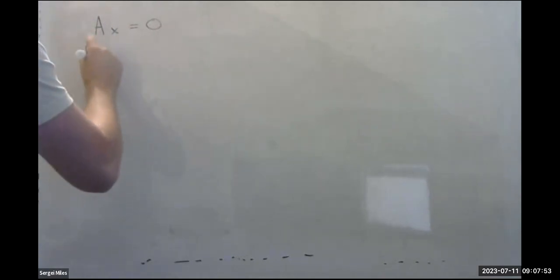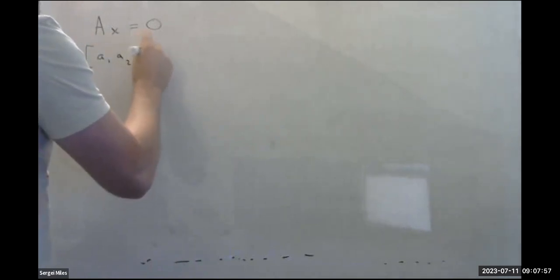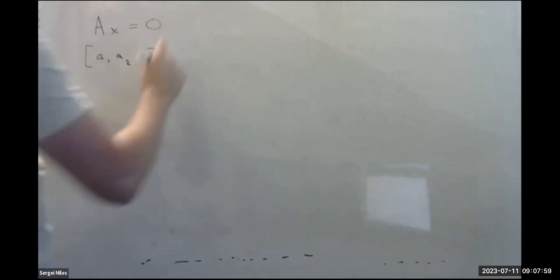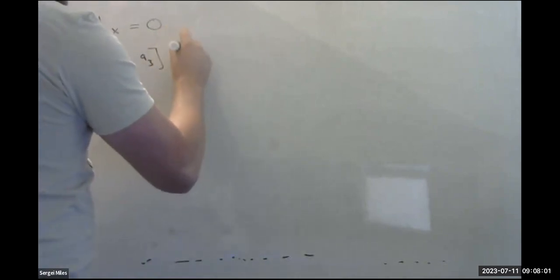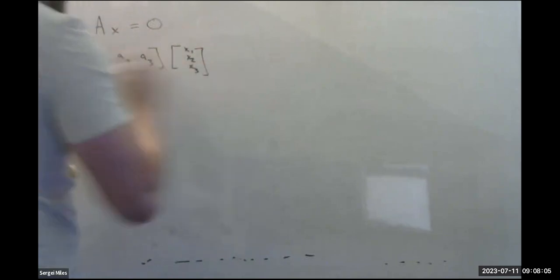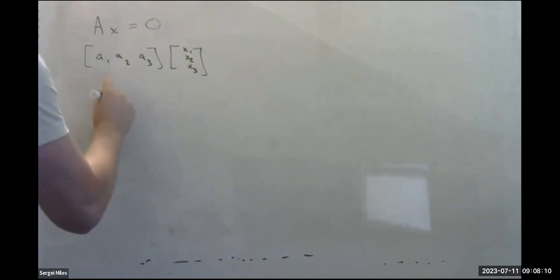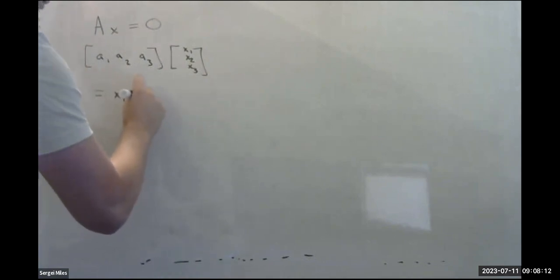So if the matrix A has, let's say, 3 columns, so these are column vectors, then X has a scalar that is applied to each column, and this multiplication is defined to be a linear combination.